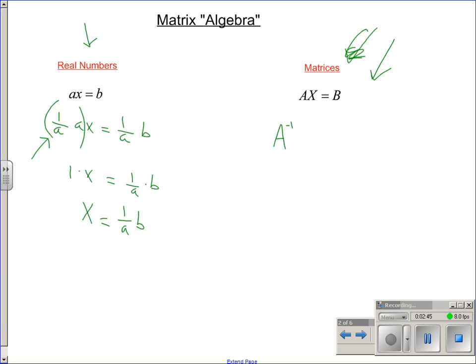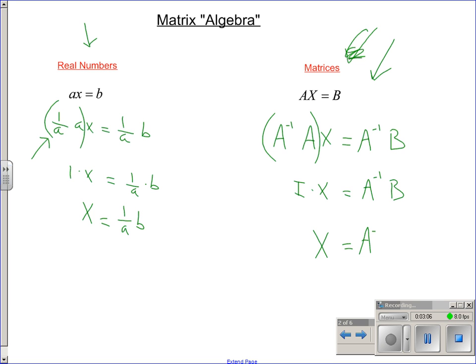If we multiply both sides by A inverse and group those together, A inverse times matrix A is the identity matrix. The identity matrix times X is just matrix X, and that equals A inverse times B.